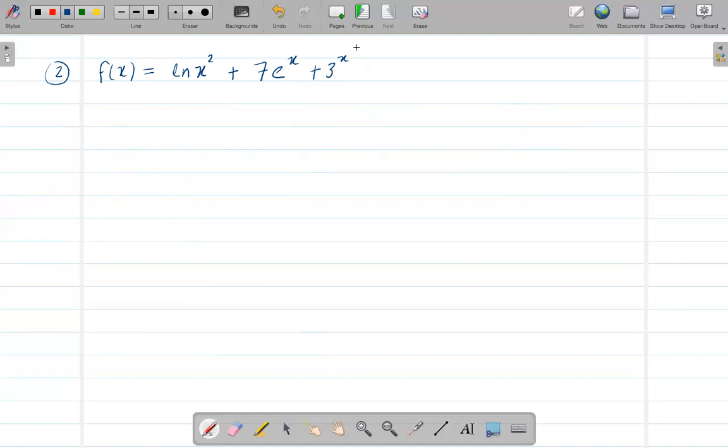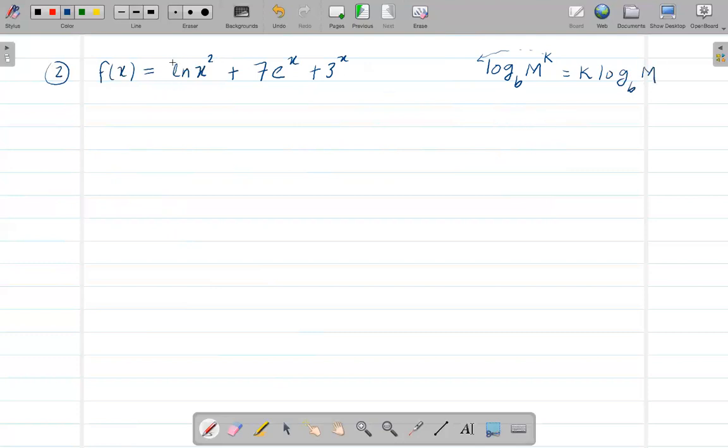Okay, so here on this problem, this x squared is attached with this natural log. So here what we can do first, before taking the derivative of this, is use one of the properties that we did back in chapter 1. If we have log of any base b of m to the power k, then in this case, we can bring this power down here. So this will be k times log base b of m, right?